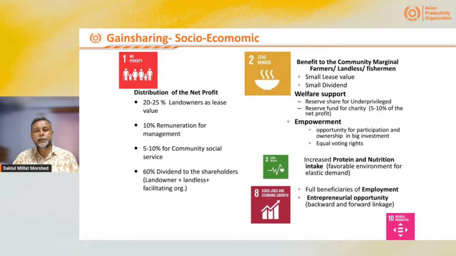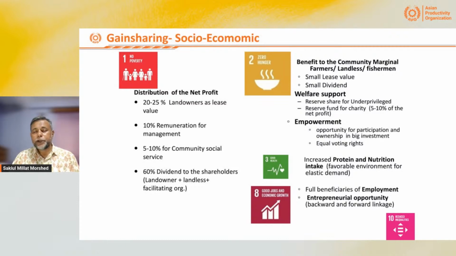That helps address the zero hunger goal of the SDGs. And it also increases the protein and nutritional intake in the community, as the community has priority to consume their product first, so that addresses SDG goal 3.